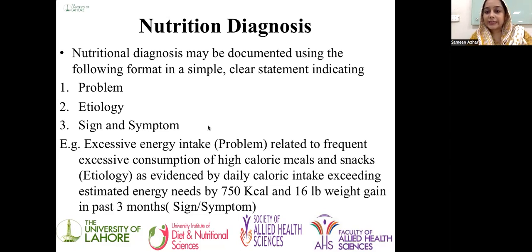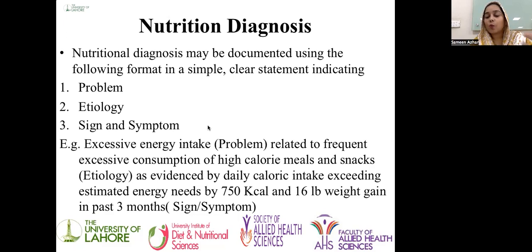Excessive energy intake related to frequent excessive consumption of high calorie meals and snacks, as evidenced by daily caloric intake exceeding estimated needs by 750 kilocalories and 16 pounds weight gain in the past 3 months. So if I split my diagnostic statement into 3 components, the first was the problem, which was excessive energy intake.